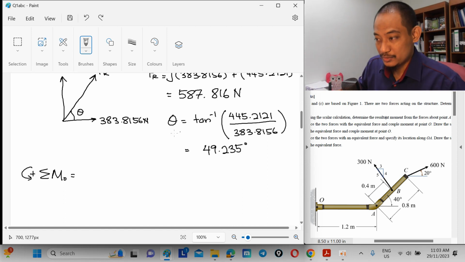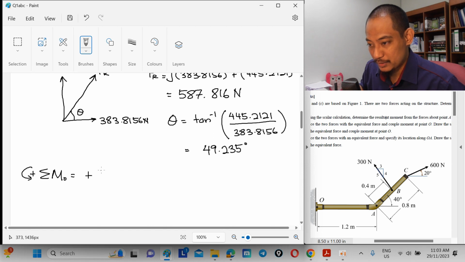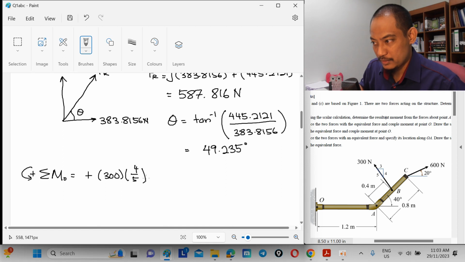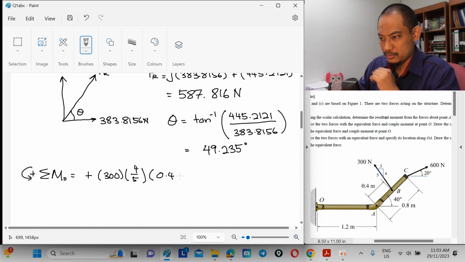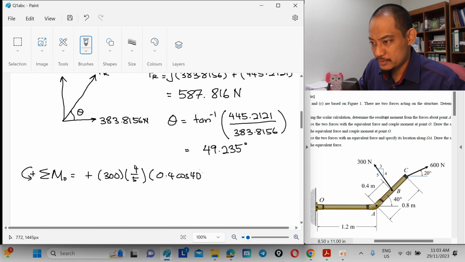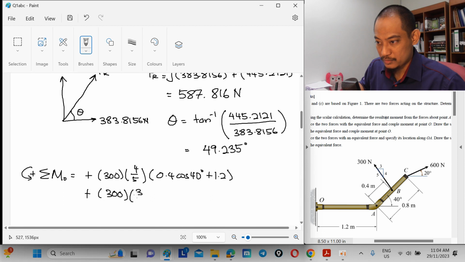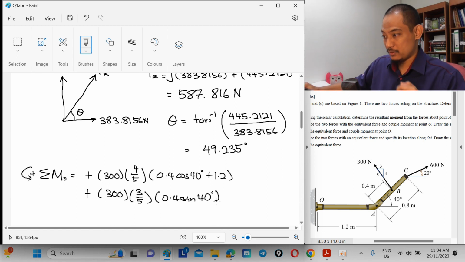So plus 300, let's take vertical one, 4/5, and the distance would be 0.4 cos 40 degrees plus 1.2. And then horizontal also plus 300, 3/5, and then we have 0.4 sine 40 degrees.